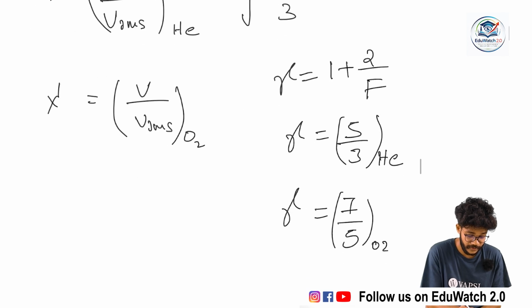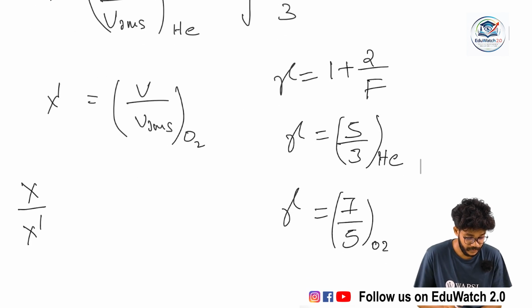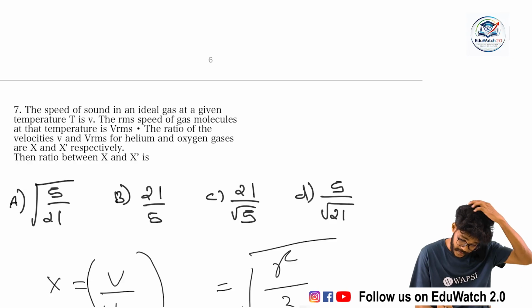So we have to find X by X dash, the ratio between X and X dash.